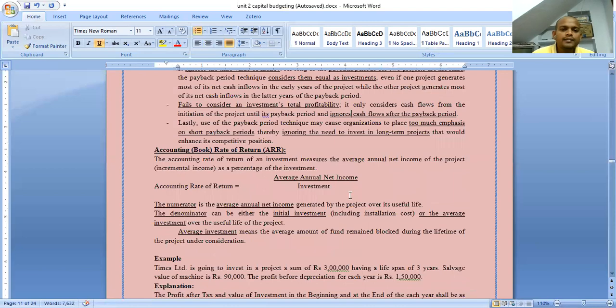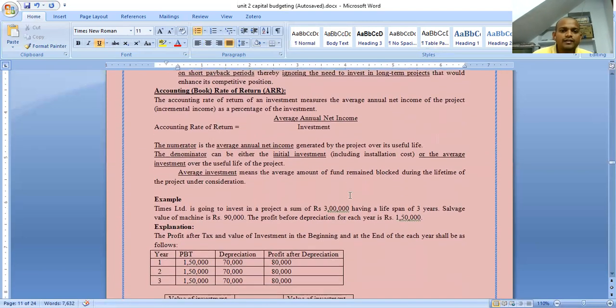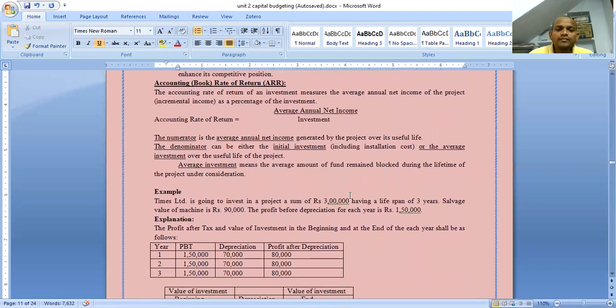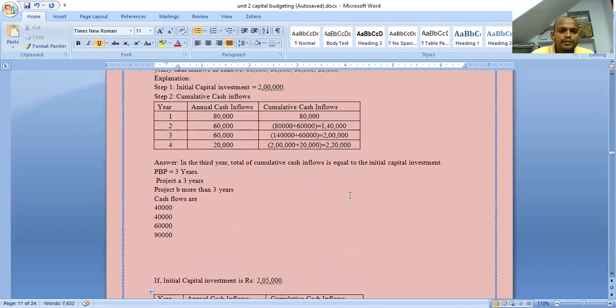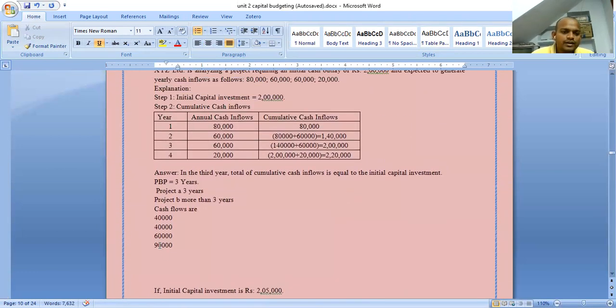And another method is accounting rate of return. Accounting rate of return measures an investment's average annual net income. See, in the payback period method, it is not considering the 90,000 returns in the fourth year, right?